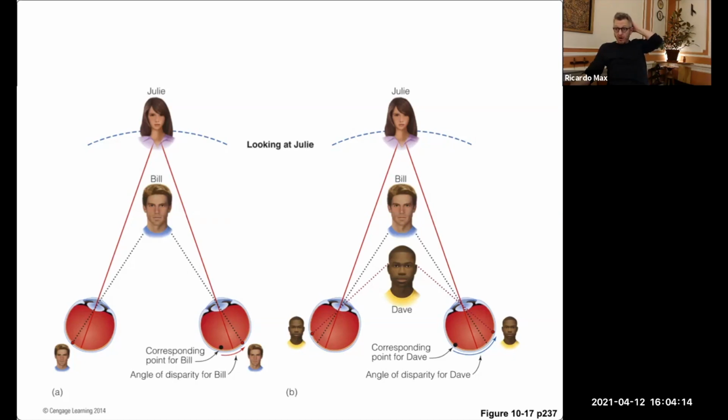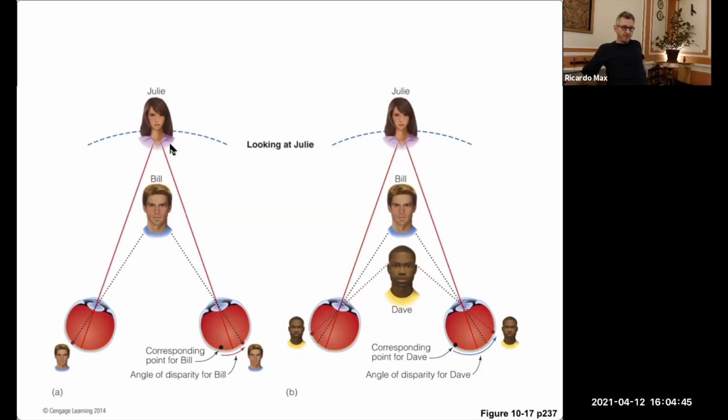So all objects that are not on the Horopter, meaning all objects that are either closer or further away from the object you are fixating, then they fall on non-corresponding points, meaning that their points on the retina are on two different sides of the fovea.